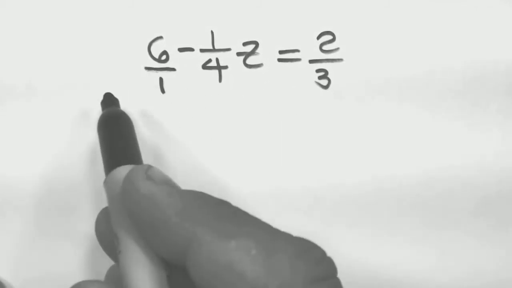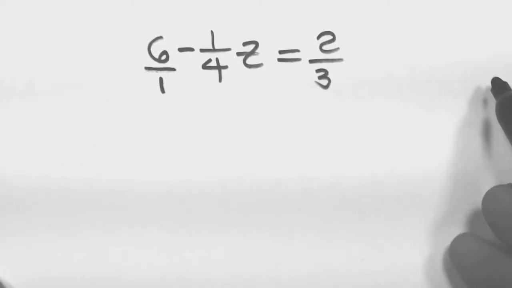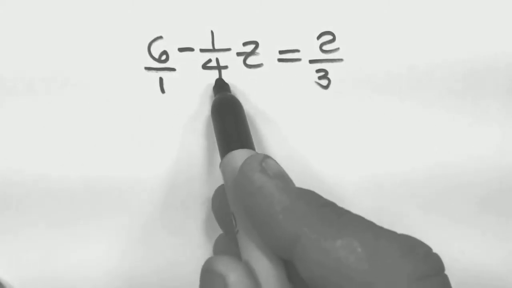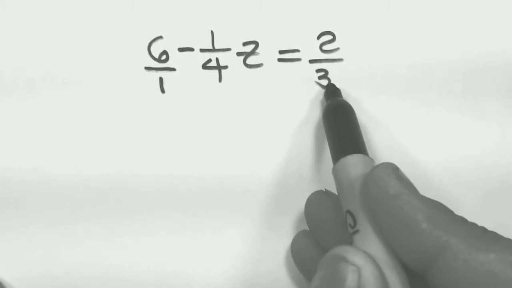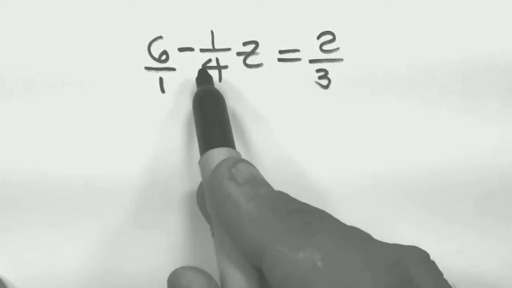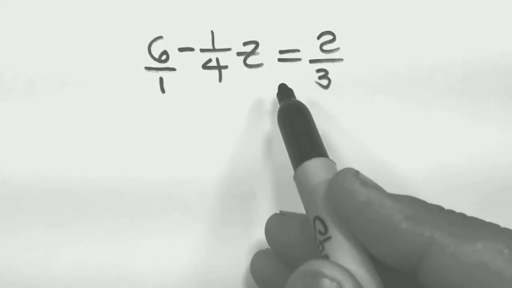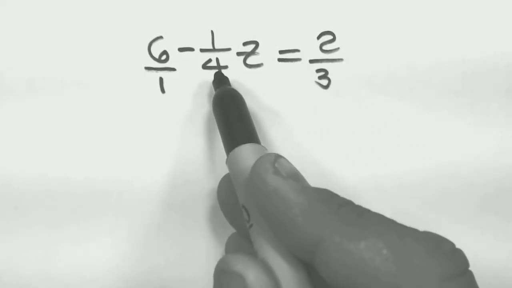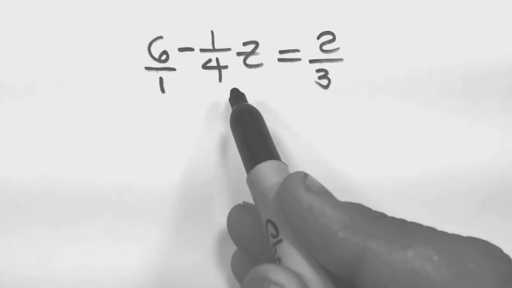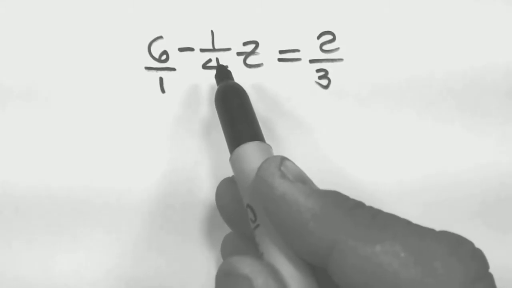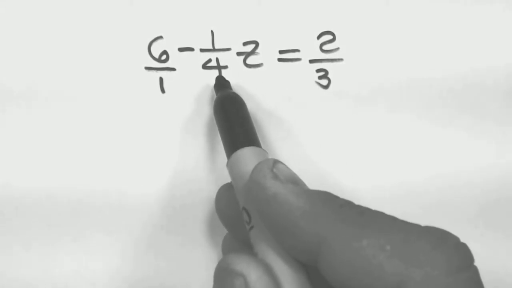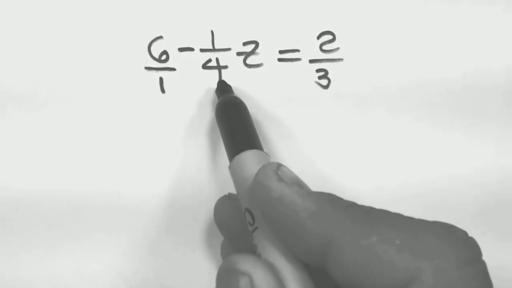Well, the next thing now, since we're going to clear all the fractions out the whole way, we look at all the denominators across on all the fractions on both sides together. This is not particularly difficult here. The LCD between 4 and 3 is 12. Remember, start with the 4 and think of the multiples of 4. The first multiple of 4 is 4. 3 doesn't divide evenly into that.